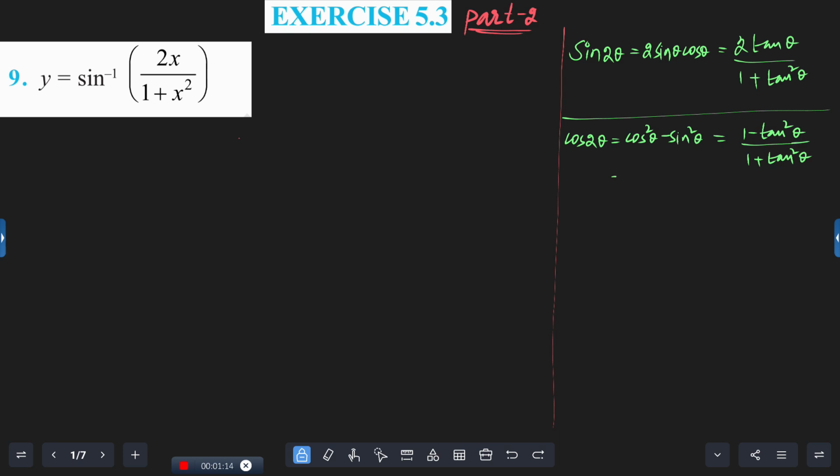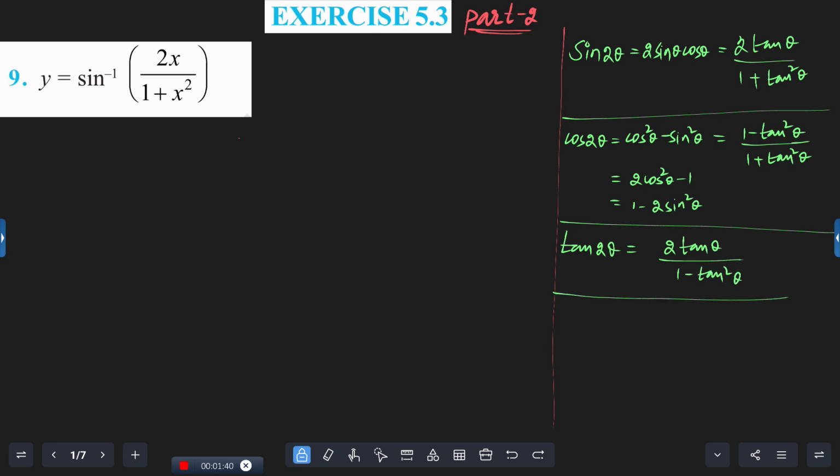A few more formulas we can write: 2 cos square theta minus 1 and 1 minus 2 sin square theta. All of these are equal to cos 2 theta only. Next, tan 2 theta is equal to 2 tan theta divided by 1 minus tan square theta. Maximum we will be using all these formulas.